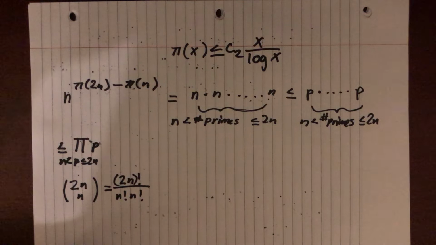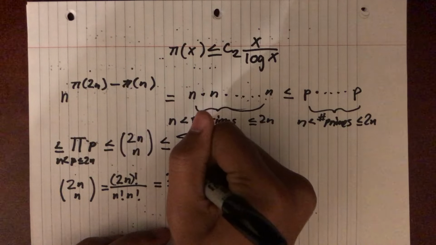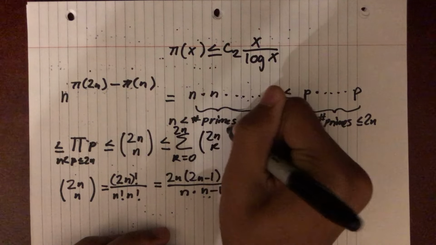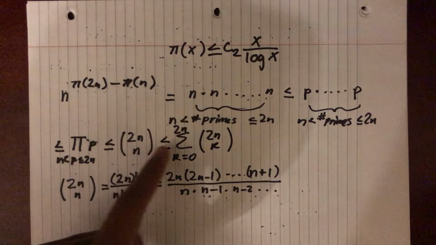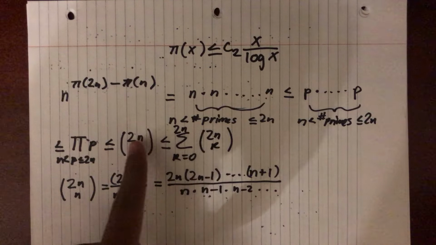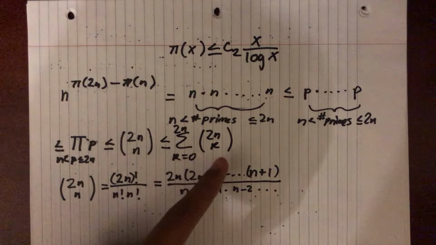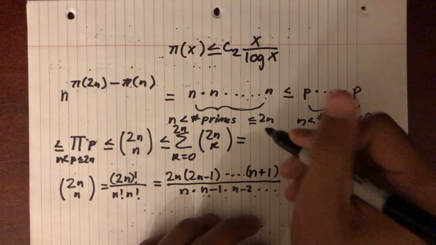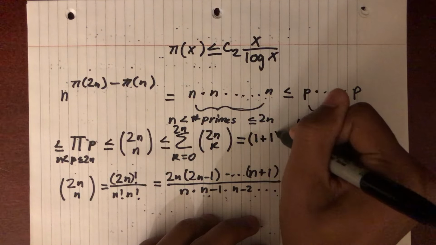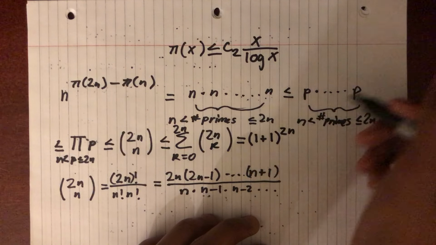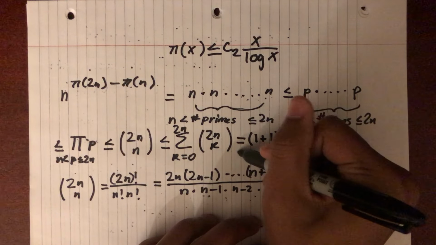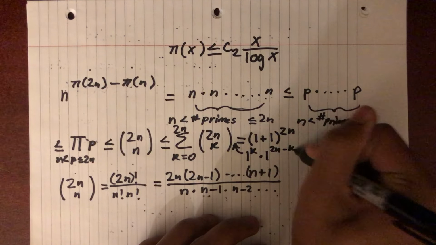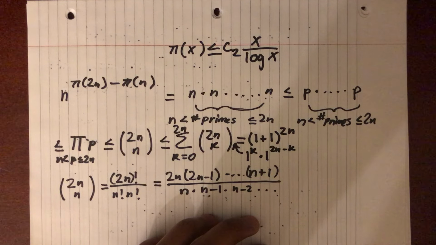So this is definitely less than the sum from k equals 0 to 2n of 2n choose k, because this is contained somewhere in the middle of this sum, and it's actually the biggest number in that sum. But by the binomial theorem, this is 1 plus 1 to the 2n. You can imagine there's a 1 to the k times 1 to the 2n minus k snuck in here, but that's just 1.